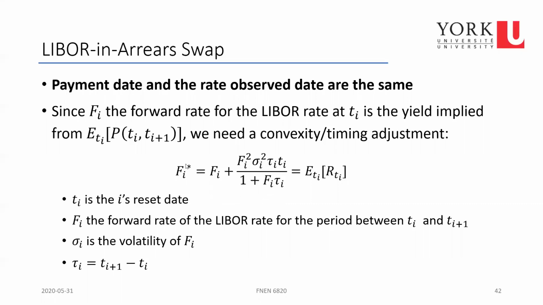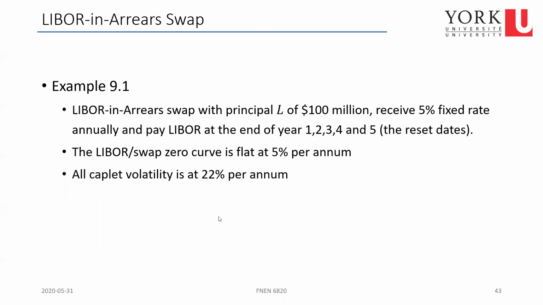We have all the information here. You need to have the volatility, and you need to have the time of reset and the time differences and so on. Once you have that information, you go through an adjustment, you get your rate, and you then calculate your swap normally. Now let's see an example.